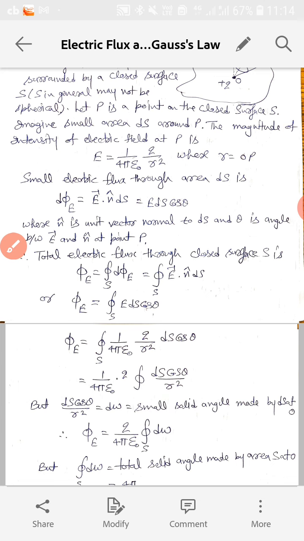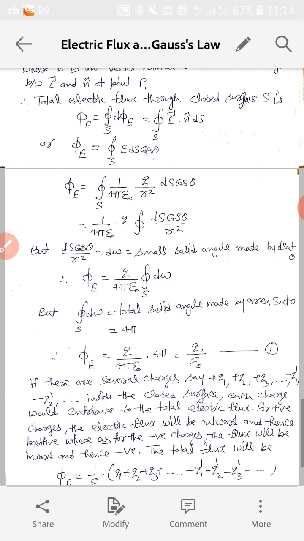The solid angle over the complete surface is nothing but the total solid angle, which is 4 pi. So substitute this value of 4 pi here. The total phi e will be q over 4 pi epsilon 0 into 4 pi. So 4 pi will cancel out and we will end up with q over epsilon 0.